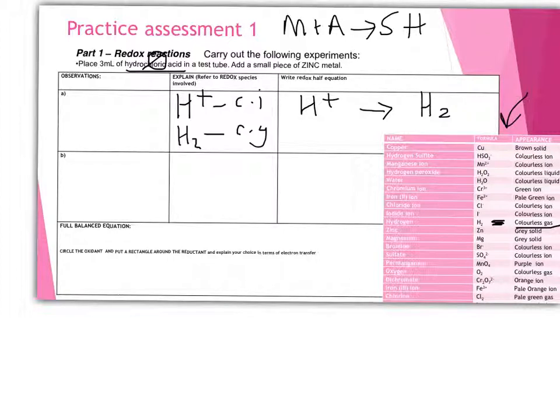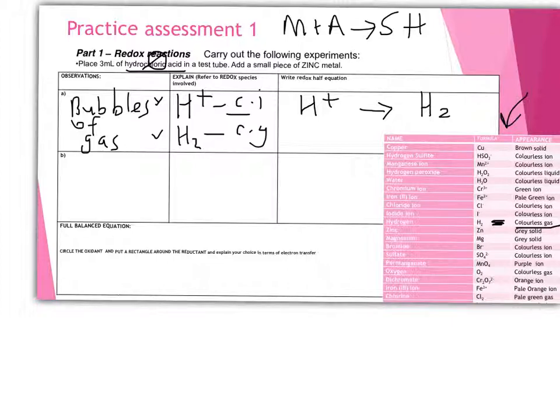Okay, don't use initials like I have, write it down. And what you will see, you won't see a colourless ion, but you will see a gas produced. So here you'll write bubbles of gas.